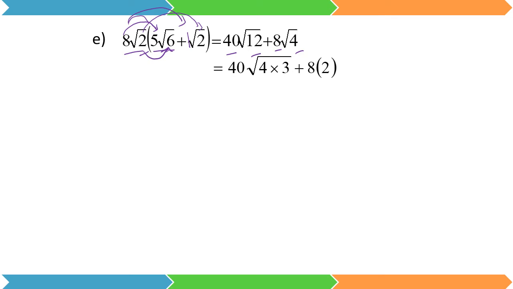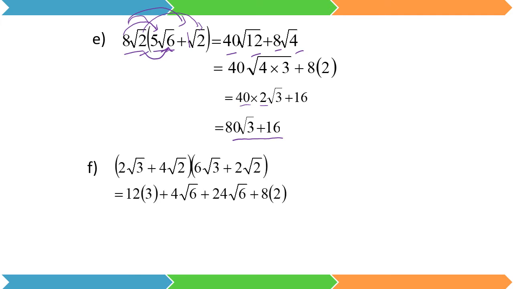And then this 8 multiplied by 2, we have to multiply each number. So 40 multiplied by surd 12, which is 2 surd 3, plus 16. So simplify everything. This 40 multiplied by 2, we will have 80 surd 3 plus 16. That is the answer.